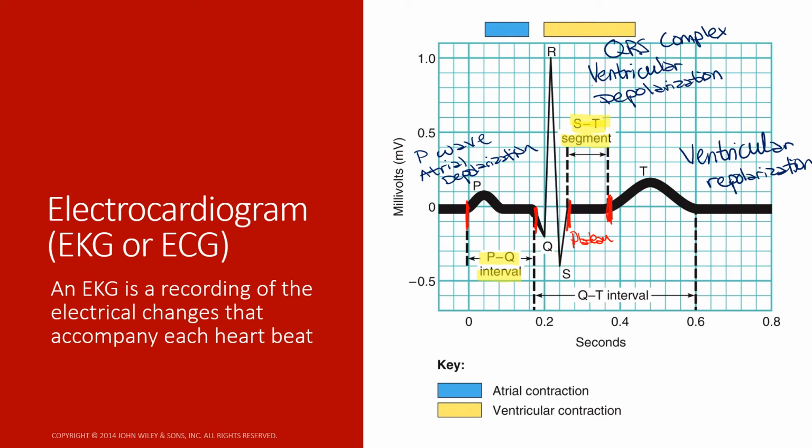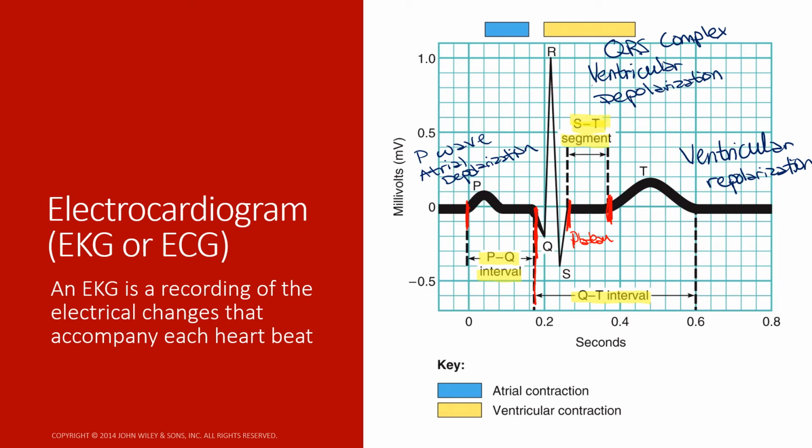And then the last interval we're going to talk about is the QT interval. So these are just the 3 intervals that you need to know. The QT interval starts from the beginning of the QRS complex, right here.